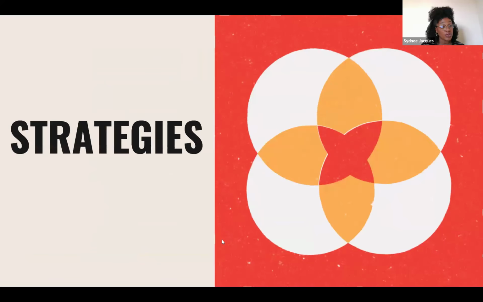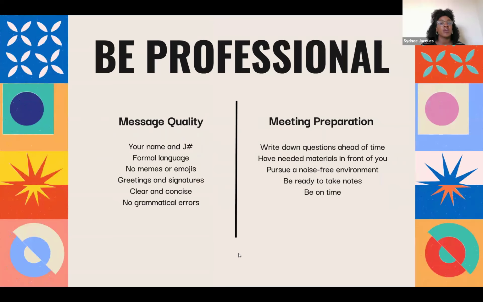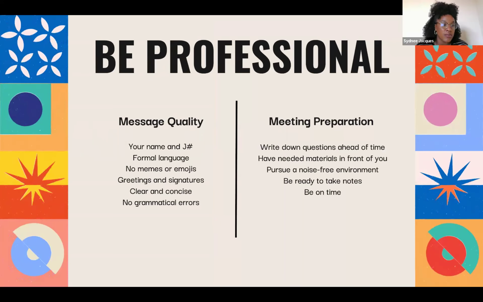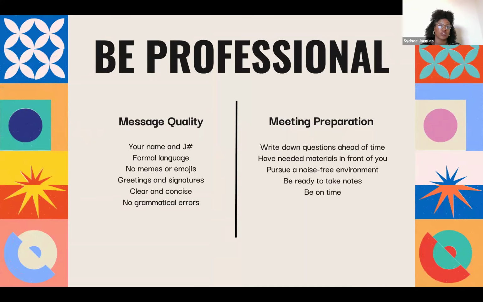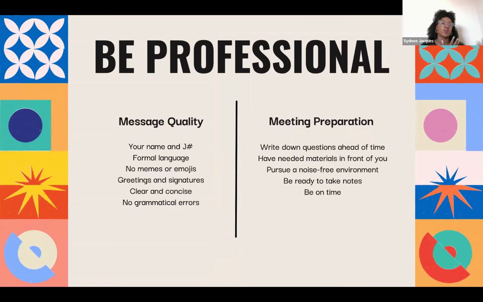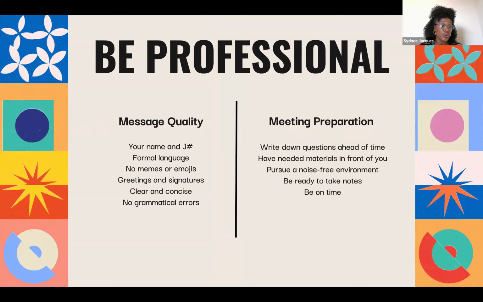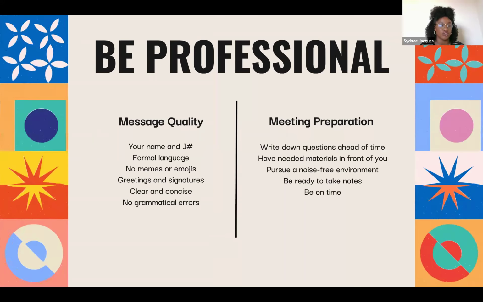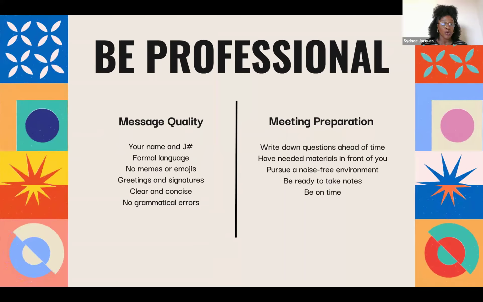So now we've been going through a few strategies, but here are a few more. Okay, being professional. When you're drafting an email to your instructor, especially in an online asynchronous format where you aren't getting the opportunity to speak with the instructor face to face in person or on Zoom, the only way in which you can reach out to the instructor is through some sort of messaging, right?